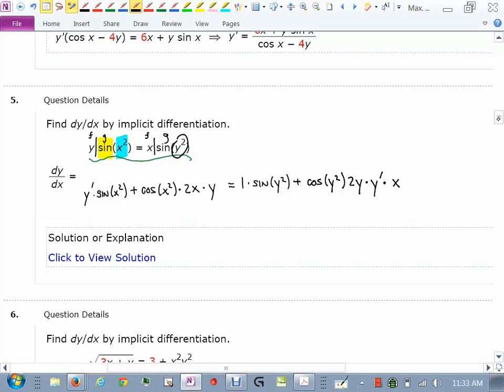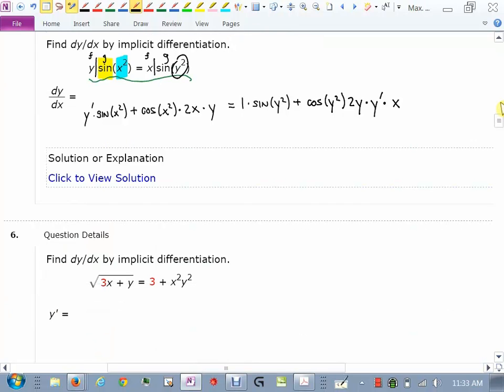All right, let's try and clean this up. We have y prime sine x squared plus 2xy cosine x squared equals sine y squared plus 2y prime xy cosine y squared.